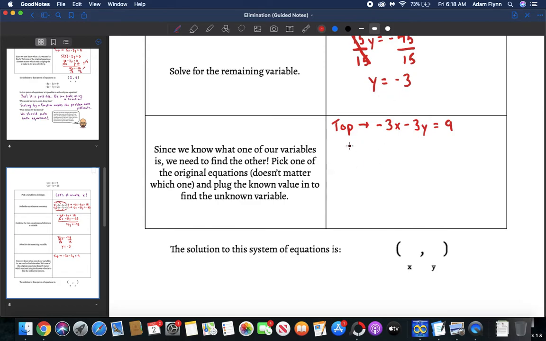So I've got -3x minus 3 times -3 equals 9. -3 times -3 is going to be a positive 9. I'll bring everything else down.